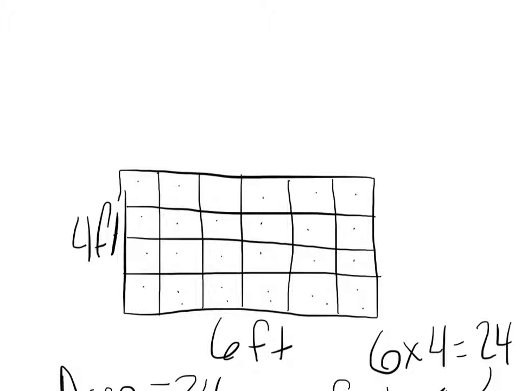Okay, so now what we're going to do is find perimeter. Now, perimeter is the amount of space that goes around an object. Okay? So I need to know the lengths of the sides.